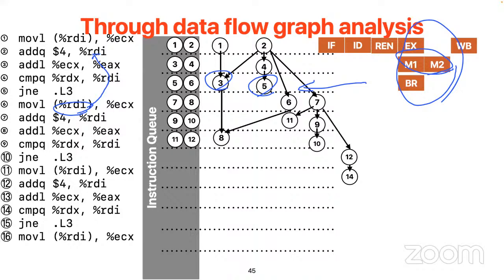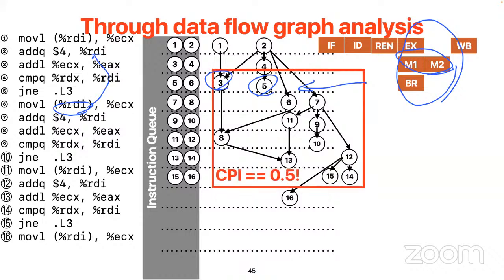If you keep drawing the data flow dependency graph, you will figure out that this is what the overall flow of execution looks like. And you can see that for this piece of code, if you keep executing it, the CPI would be such that you can always find 2 instructions in execution after a certain point.